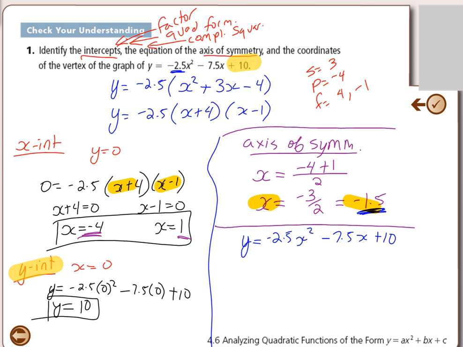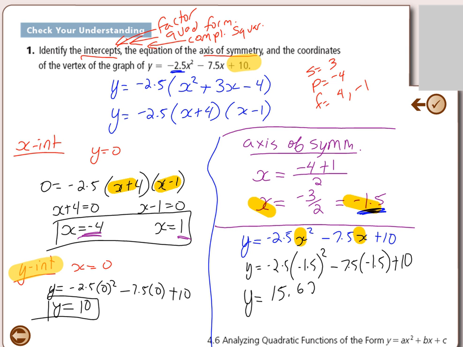So take it, and wherever you see the x, put negative 1.5. y equals negative 2.5 times negative 1.5 squared, minus 7.5 times negative 1.5, plus 10. Punch it into your calculator as you see it, and it's going to pop out your y-coordinate.